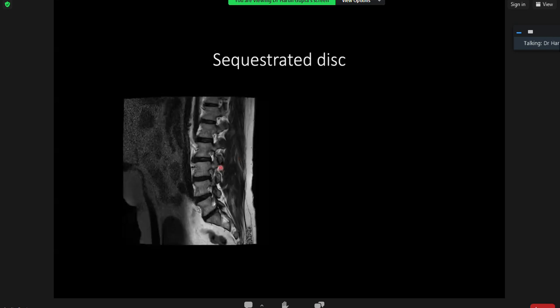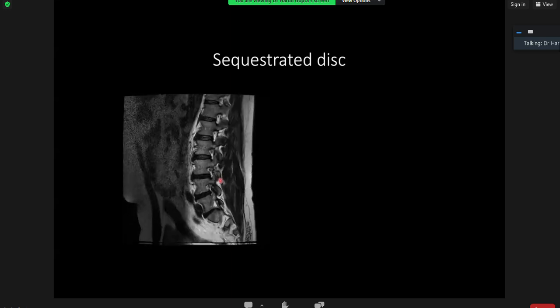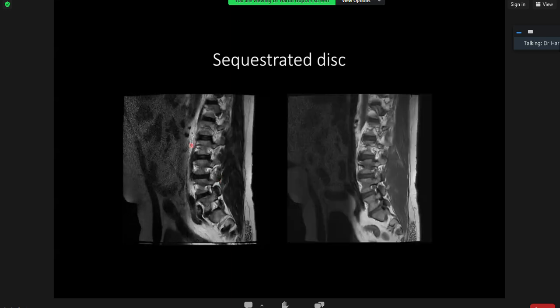When you look carefully, there is a disc material which is extending into the roof of the foramina. So that's the pedicle here, and this is the extruded sequestrated fragment extending into the L3 foramina. So let's look again. When we look at the T1 sequence, we can see this low signal material extending into the L3 foramina, and this is a sequestrated disc.